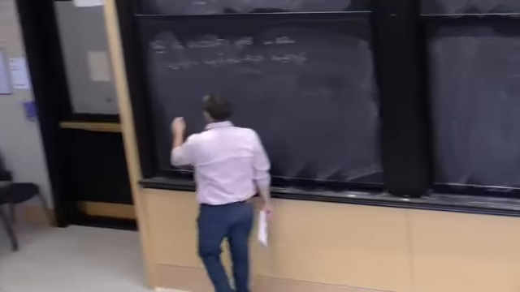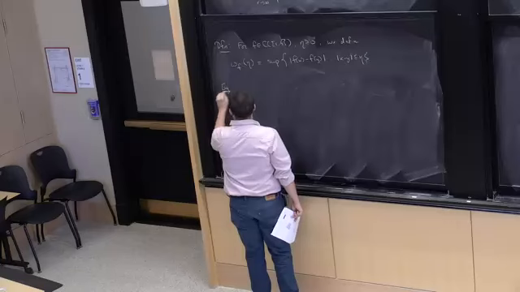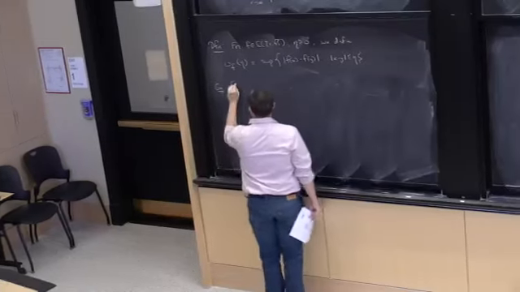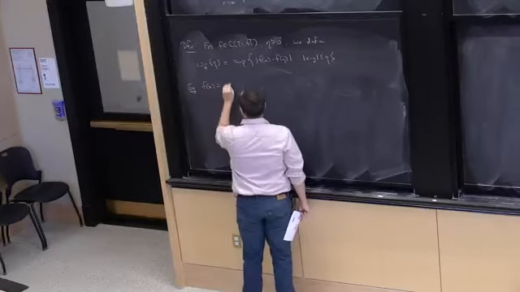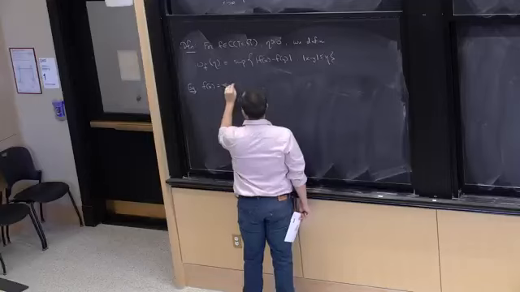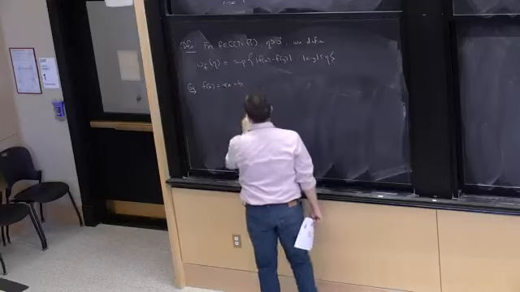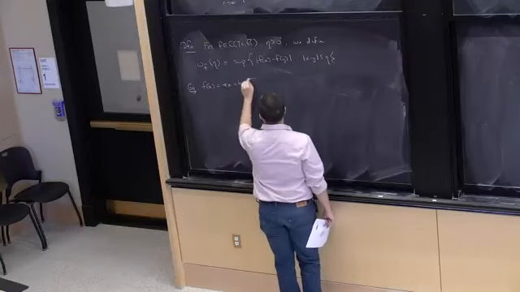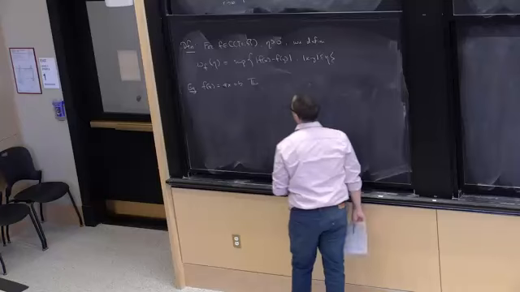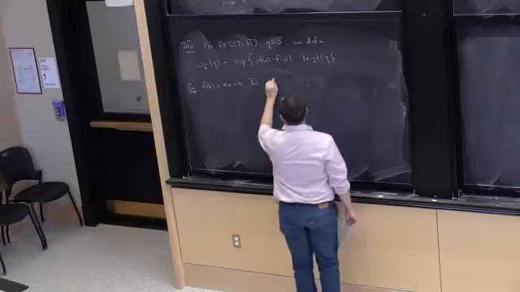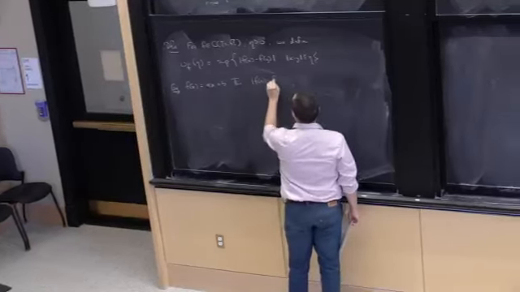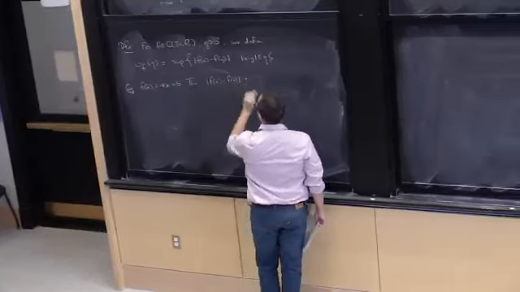Now, for example, let's do the simplest example possible. f of x equals ax plus b. Then what do we get? f of x minus f of y is equal to a times x minus y.